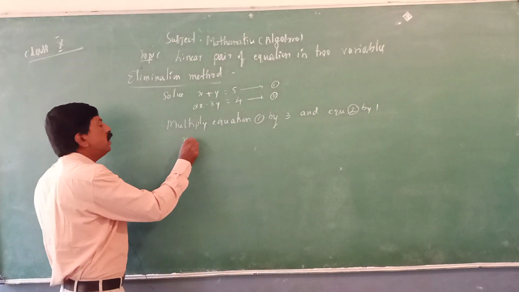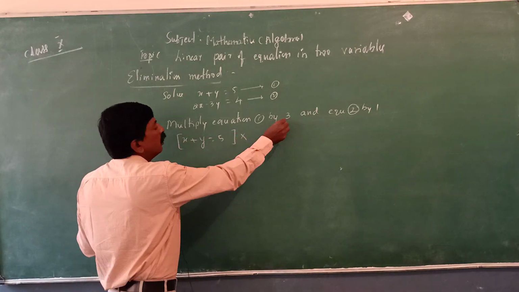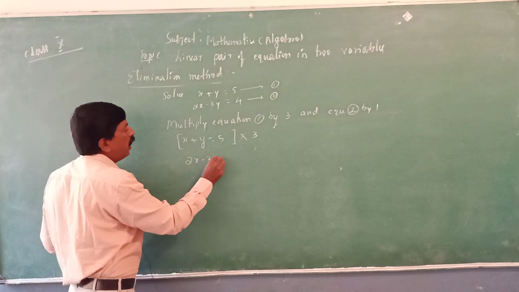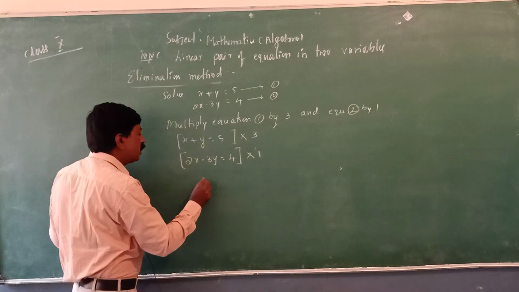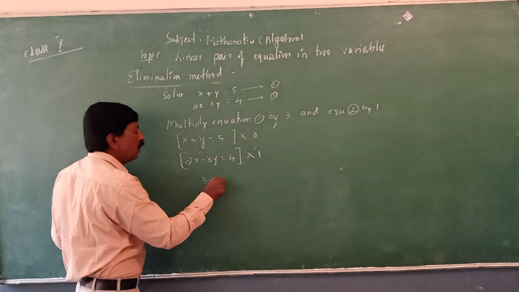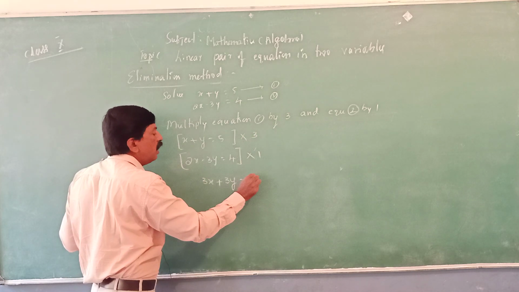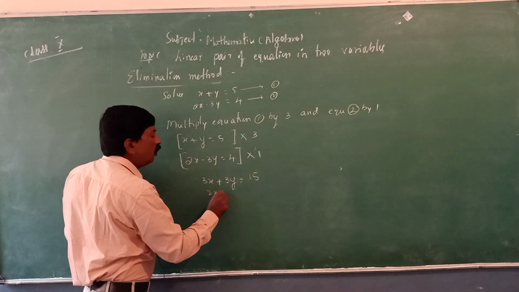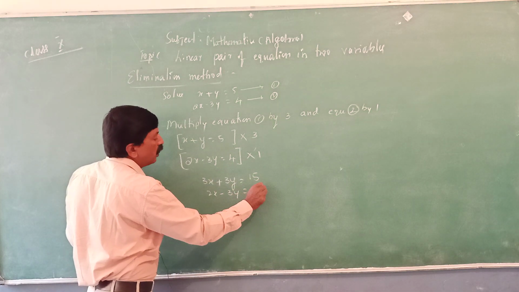Now x plus y is equal to 5 multiplied with 3, and the second equation 2x minus 3y is equal to 4 multiplied with 1. Simplify this. 3 into x, 3x, plus 3 into y, 3y, is equal to 3 fives are 15. Second equation, 1 into 2, 2x, minus 1 into 3y, 3y, is equal to 4 ones are 4.